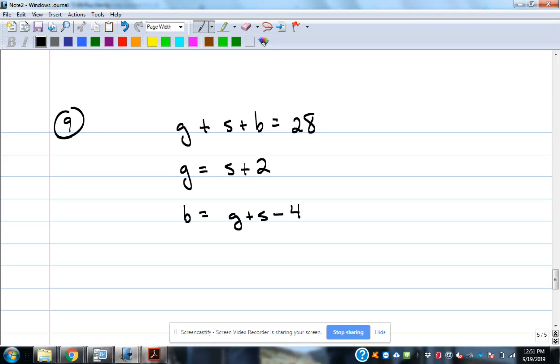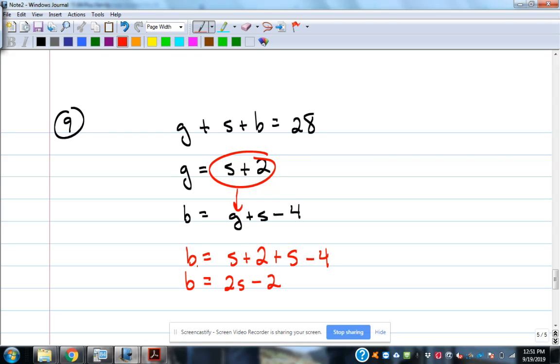If I do that, I'm using substitution there. If I plug in G to the third problem, that would give me bronze is equal to S plus 2 plus S minus 4. And that simplifies to be 2S minus 2. So that gives us bronze as a form of silver.